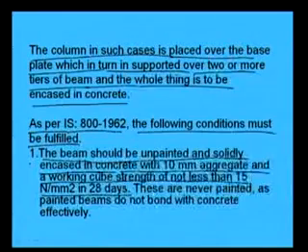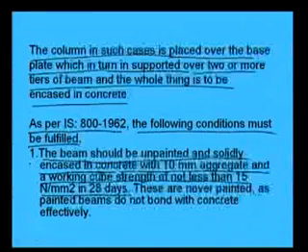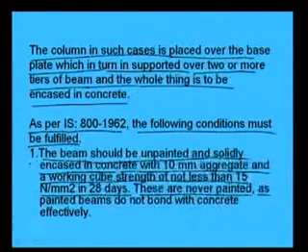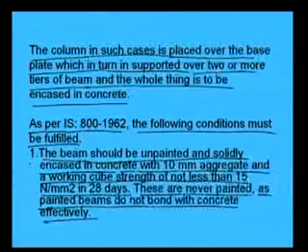That means at least M15 grade of concrete has to be provided. The beams are never painted, as painted beams do not bond with concrete effectively. So we do not paint them, as the bonding between concrete and steel will not happen properly.